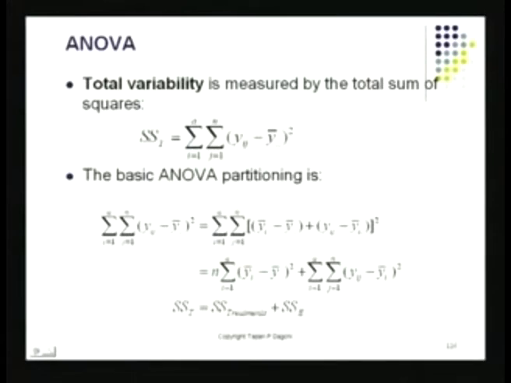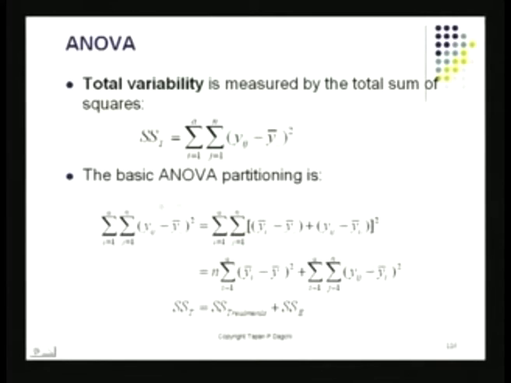If you come back to the slide again, you'll find that this total variation can be split up algebraically between two components: the sum of squares of deviations due to treatment effects, and the sum of squares due to errors, which is like any other factor that might also be affecting the process. This total variation is the summation of the sum of squares of treatments and the sum of squares of errors.